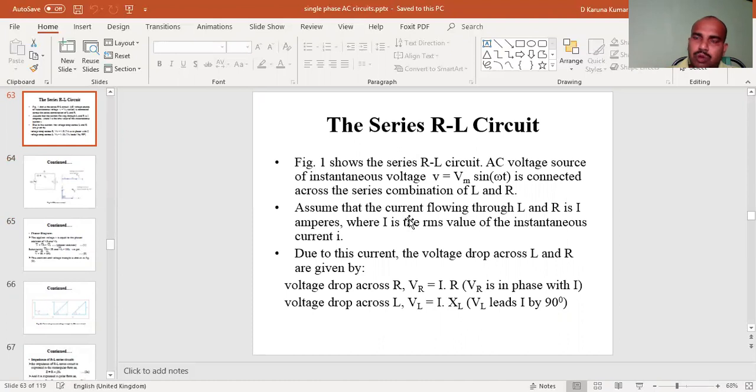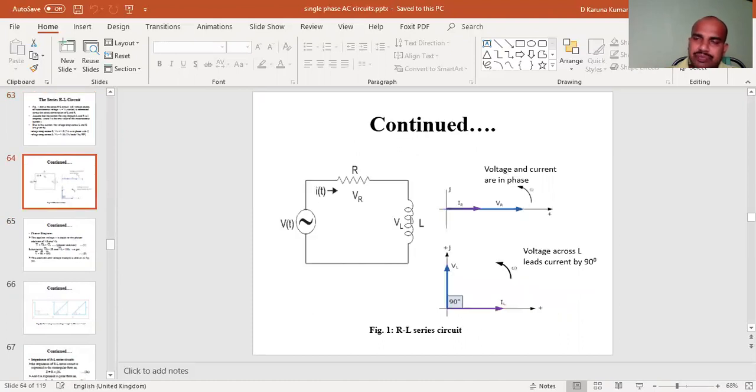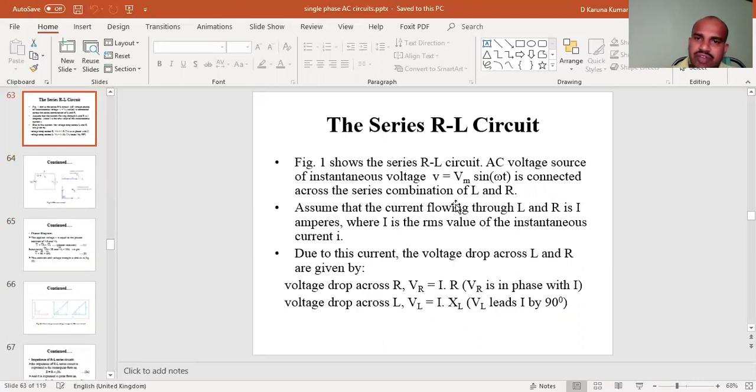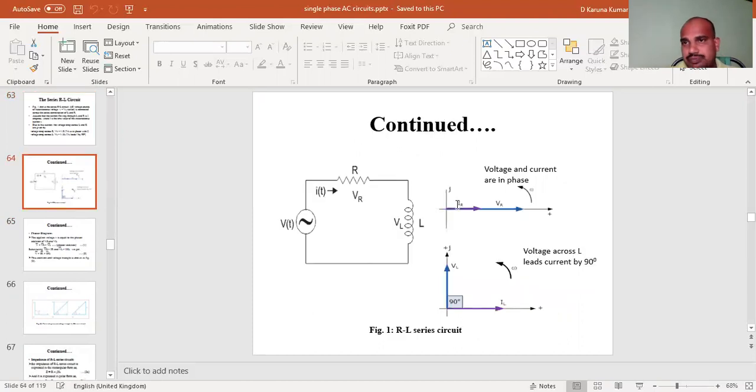The voltage across the resistance and the current are both in phase. But the voltage drop across L is VL equal to I into XL, and here the voltage leads the current by 90 degrees.